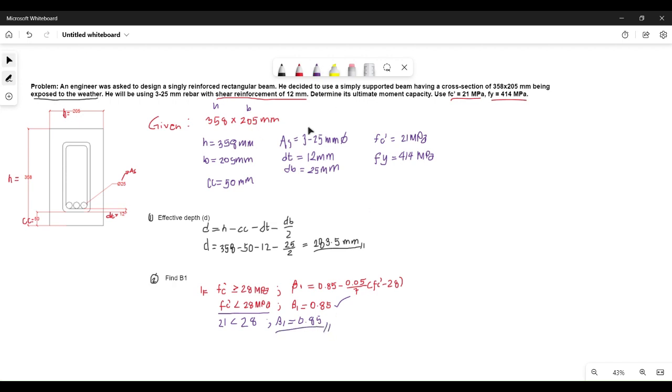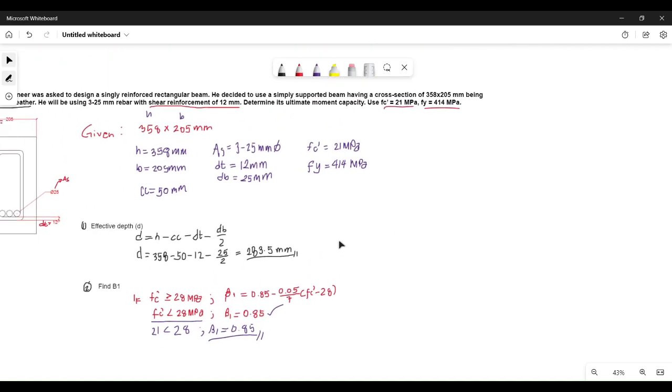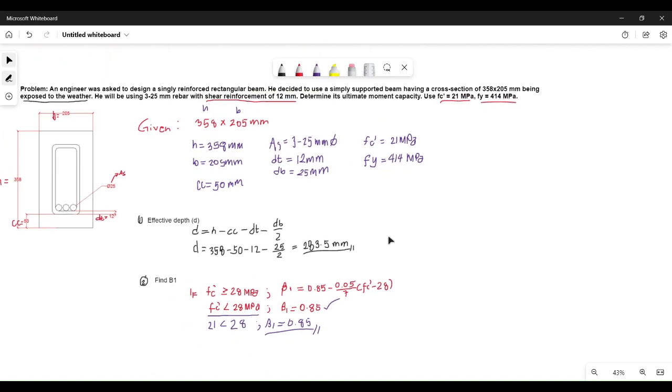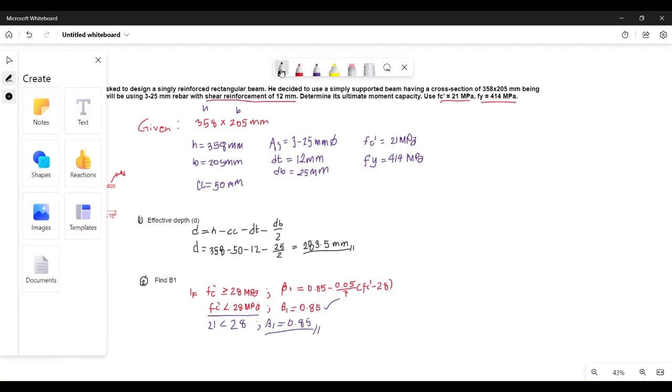Next, after we compute our beta 1, which is 0.85, we have to find the depth of compression block, or yung a. Okay, wait lang. Number 3.